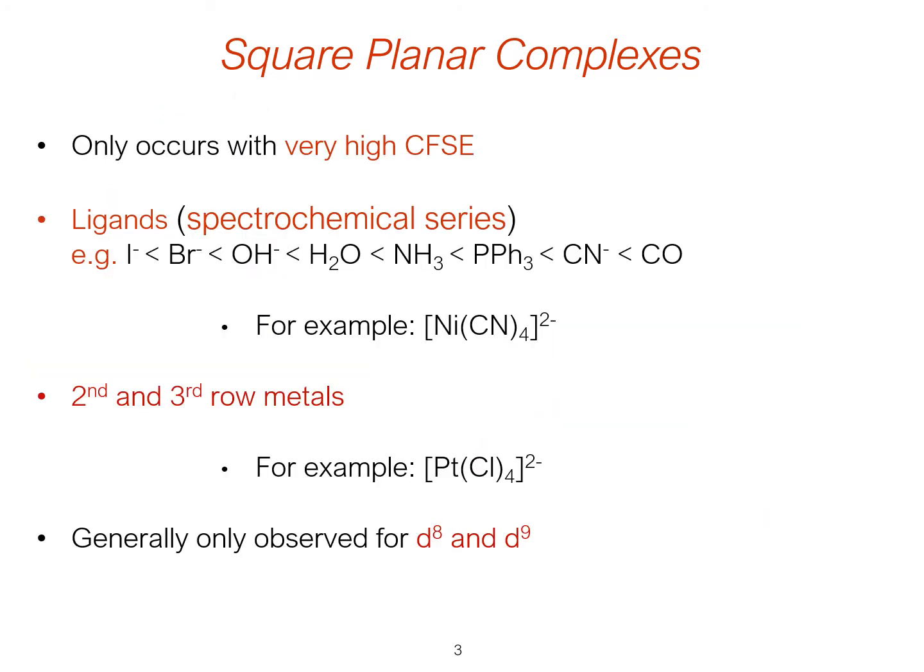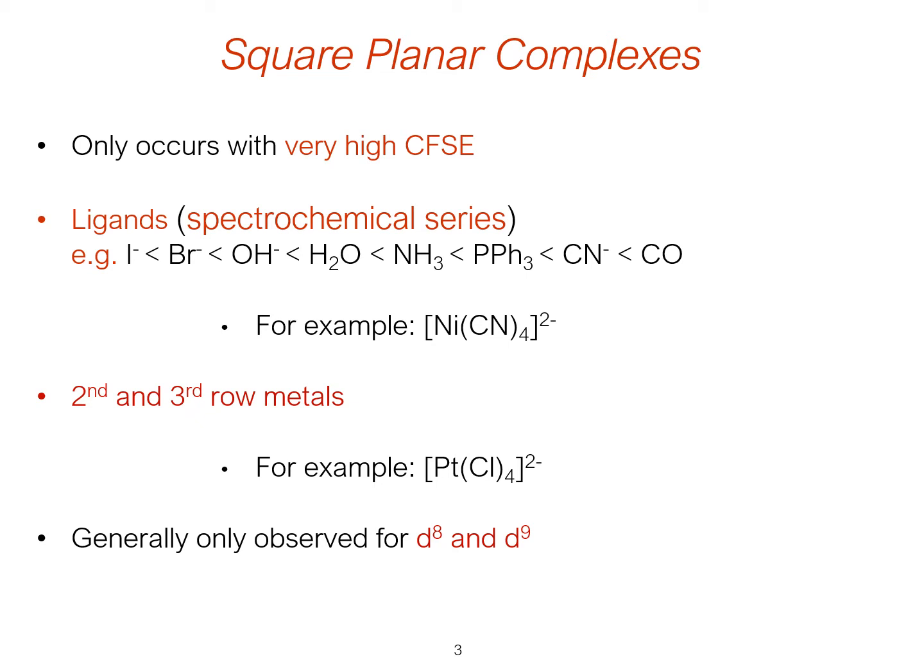We can't actually calculate, like we could with the octahedral and tetrahedral, whether a square planar is more stable, but we can look at certain things that give us an indication that square planar will happen. It only occurs with a very high crystal field stabilization energy.